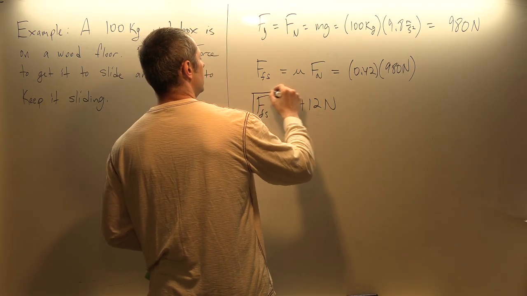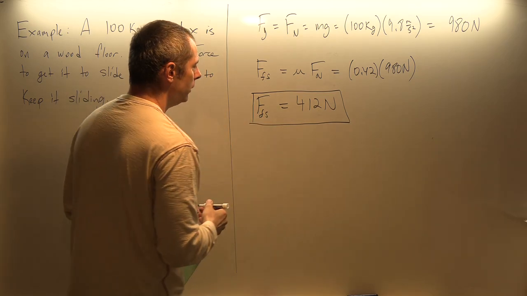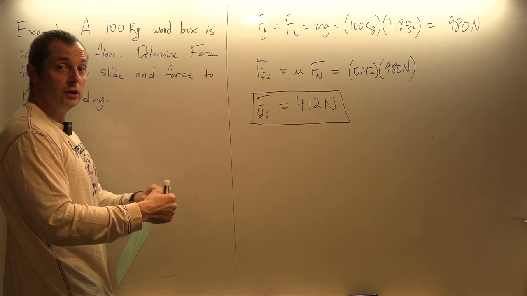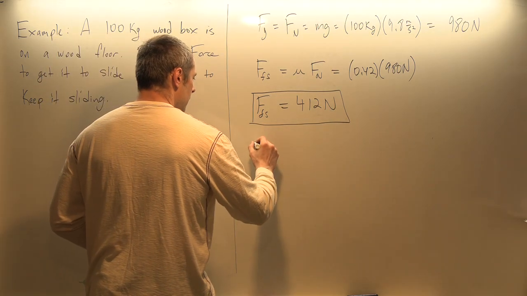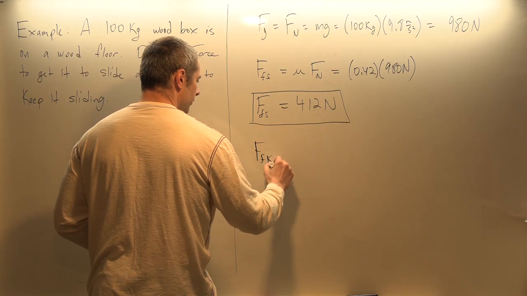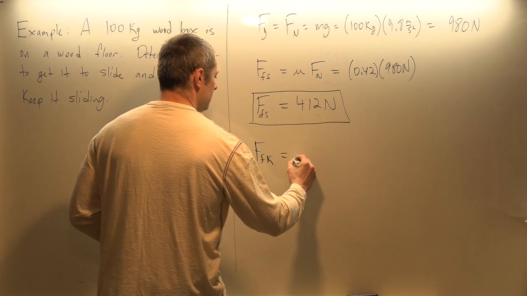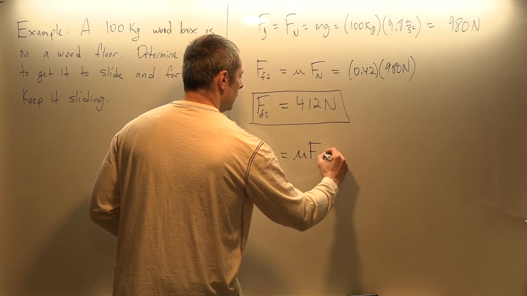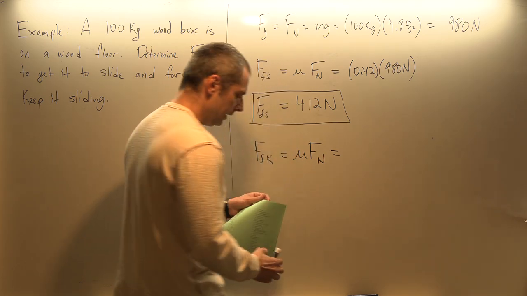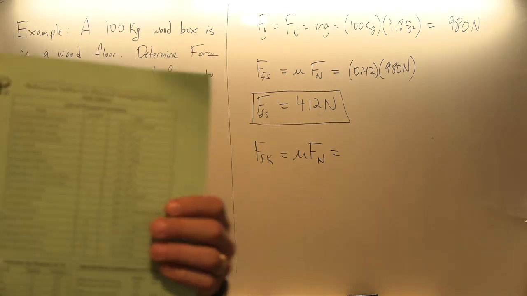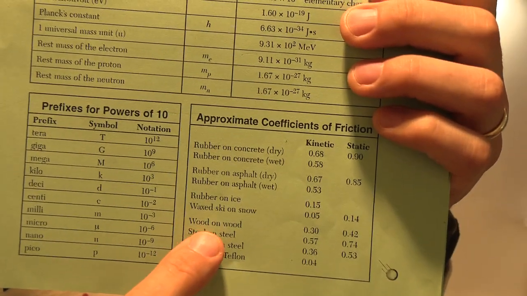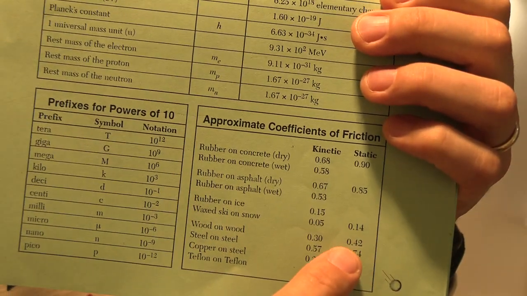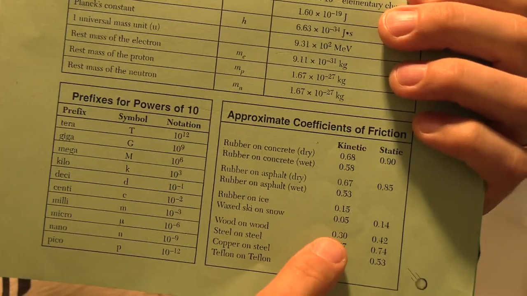So that's how much you have to pull on this 100 kilogram box to break it free and start it moving. How about to keep it moving? That's the kinetic value. Same formula. The only difference now is that instead of using the static value for wood on wood, I'm going to use the kinetic value right here, which is 0.3.